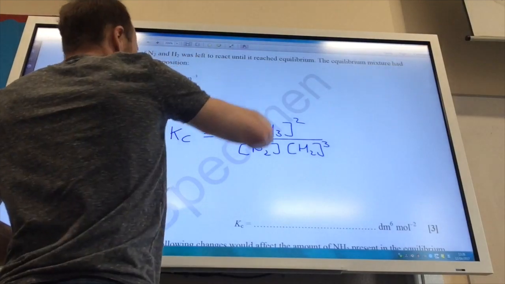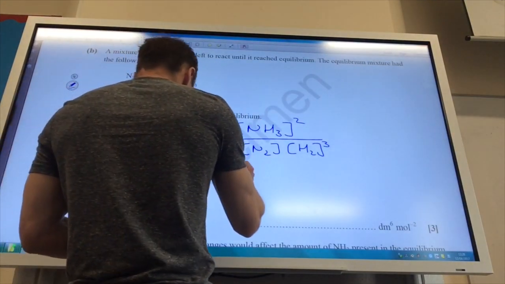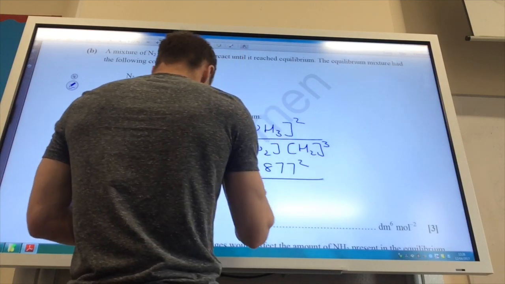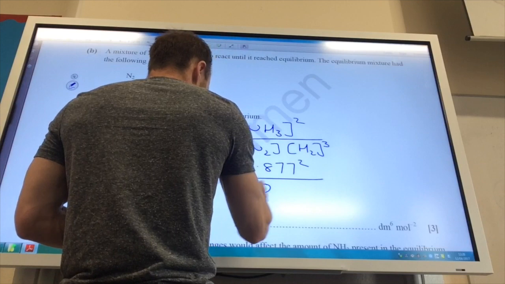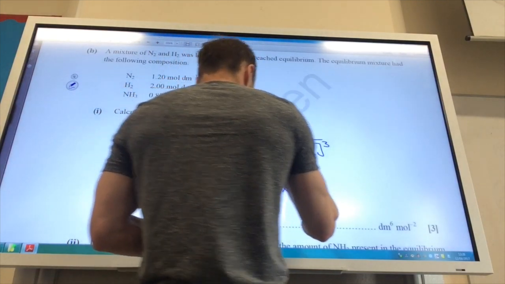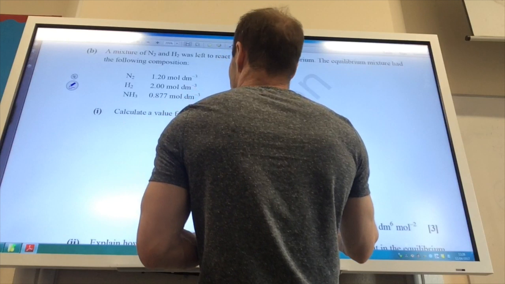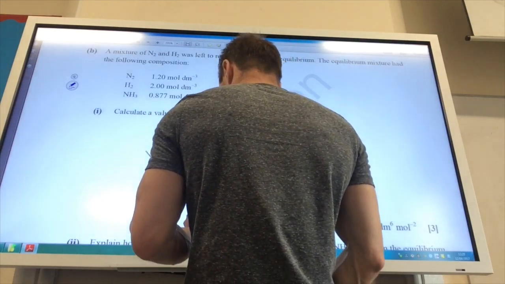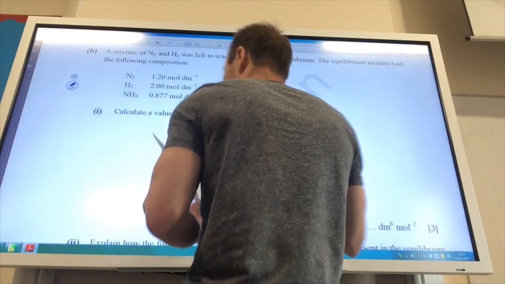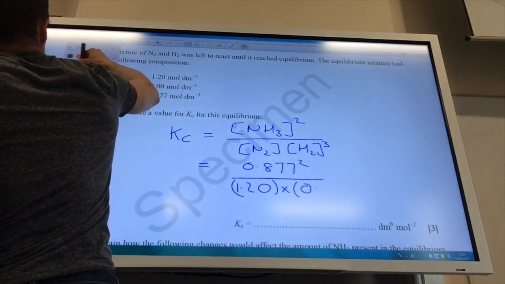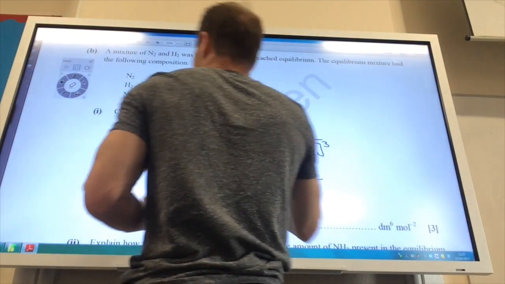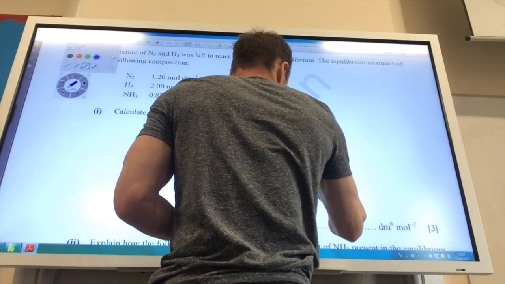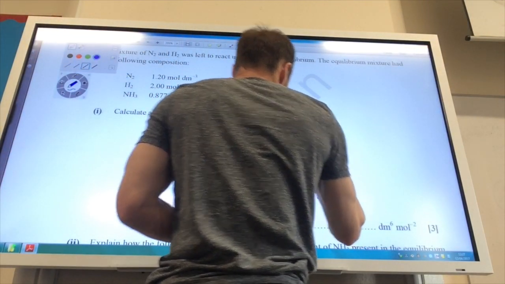You put those numbers into this, and again, I would recommend that you work out each of these numbers first. So don't try and do everything at once. H2 is going to be 2 times 2 cubed.